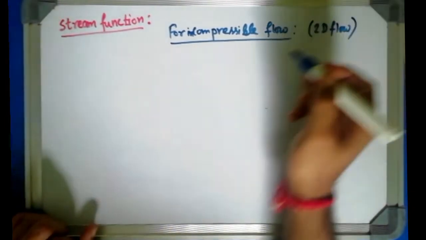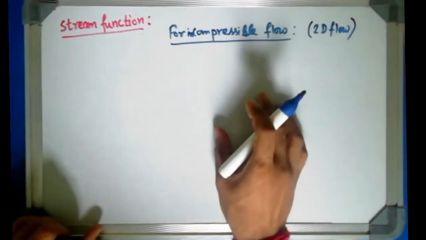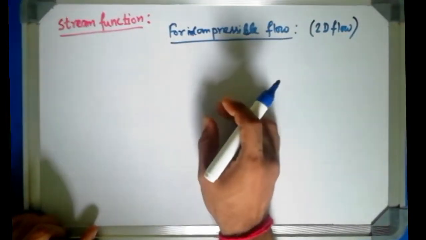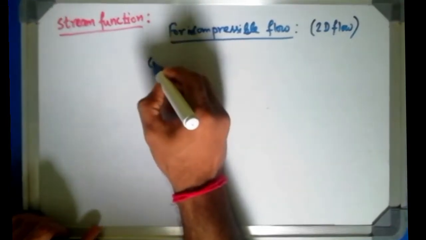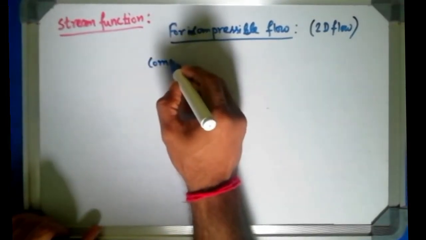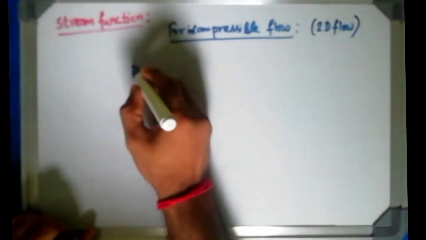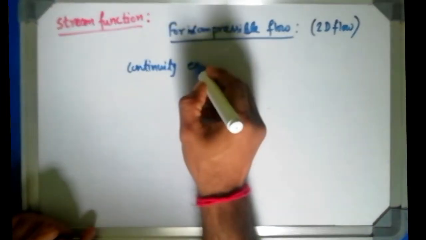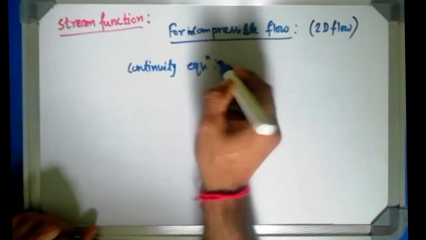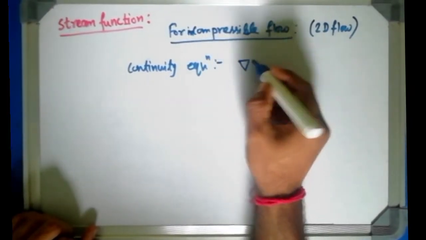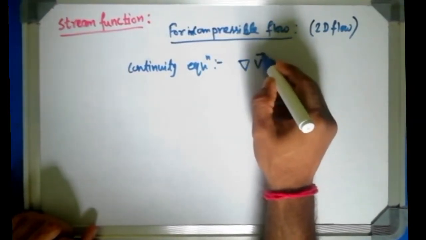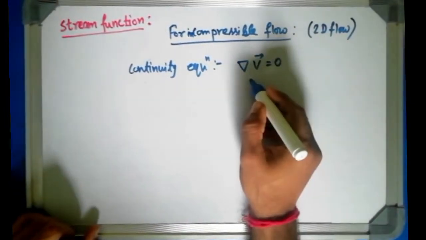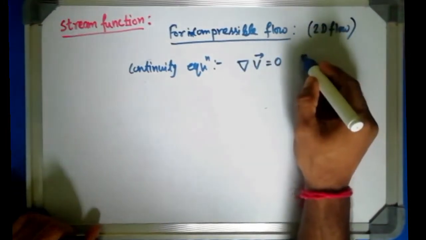That means velocity components u and v are available, with no z component, or small w component. So for this condition, the continuity equation can be written as divergence of V equals 0, isn't it? What does this mean?